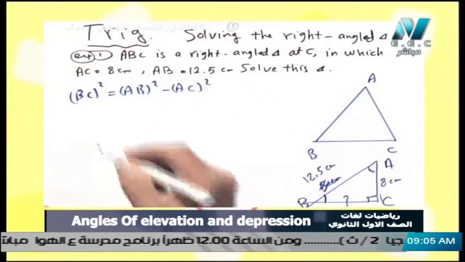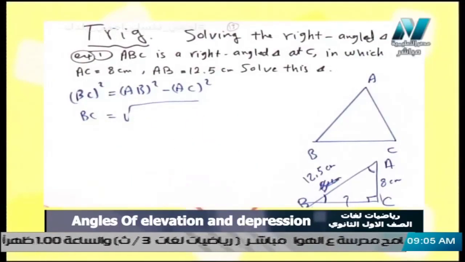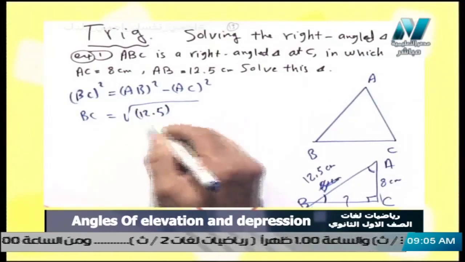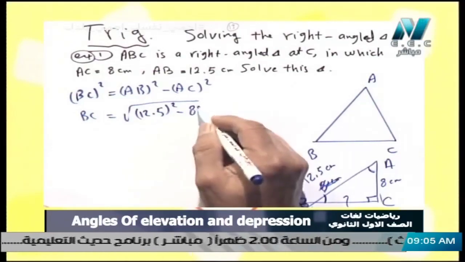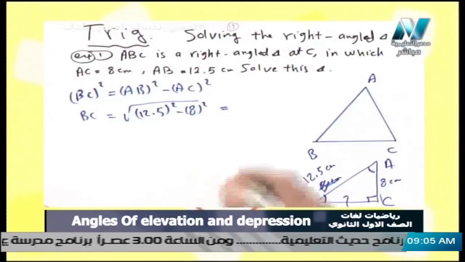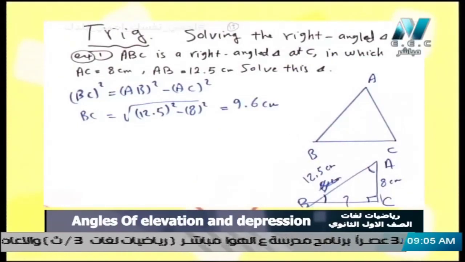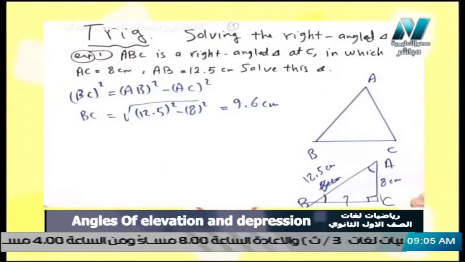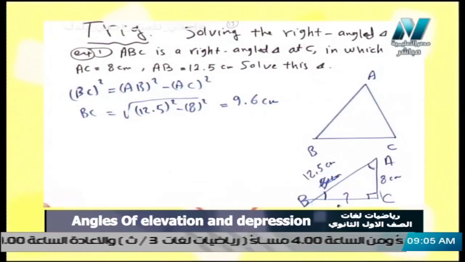So we will find BC equals the square root of 12.5 power 2 minus 8 power 2. So the answer will be 9.6 centimeters. So we have BC here equals 9.6 centimeters.